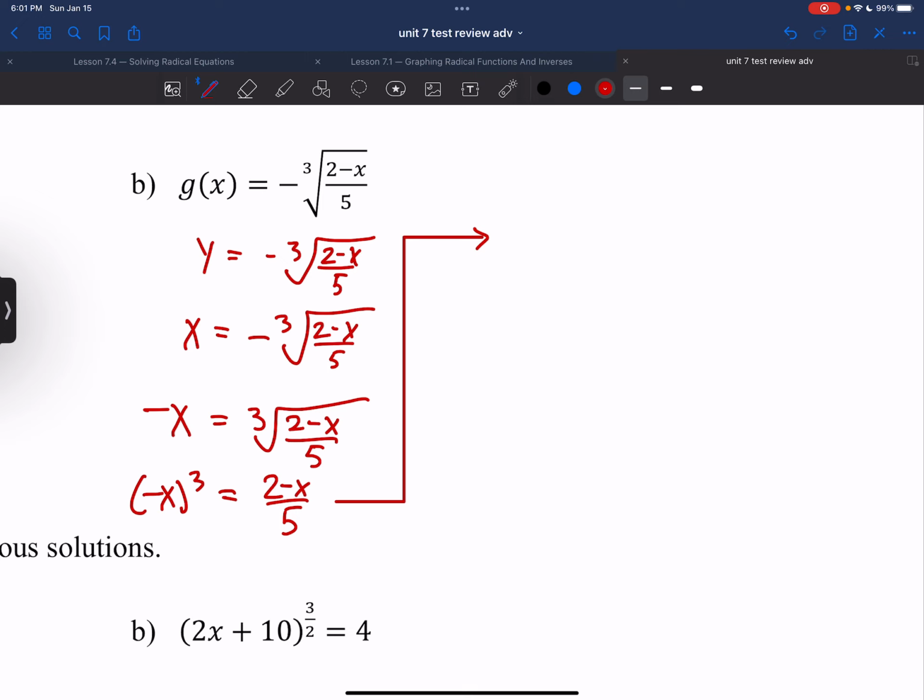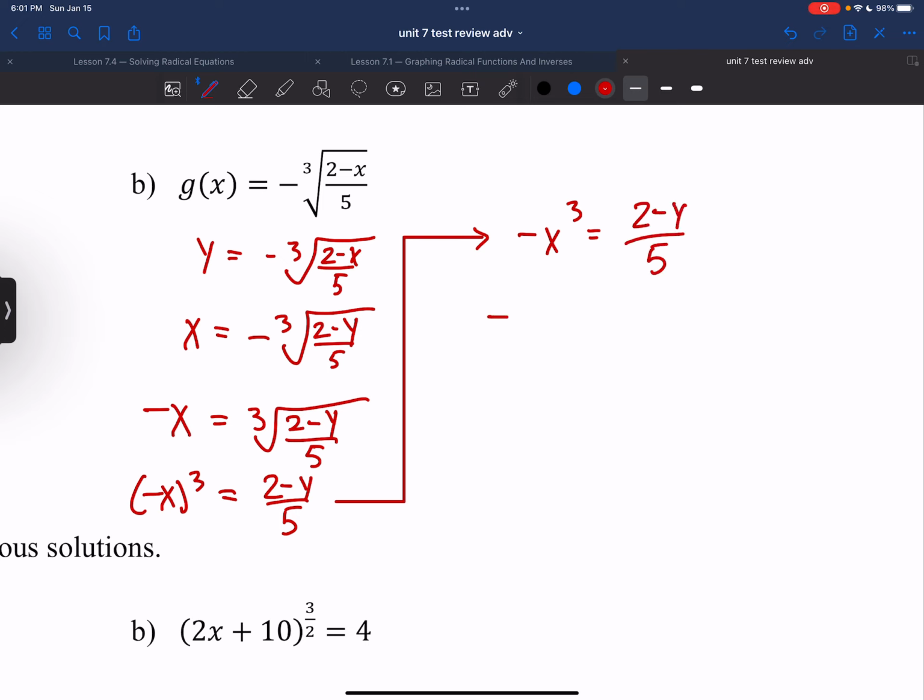If you cube negative x, that's negative x times itself three times, and 3 negatives is still negative. So this will become negative x cubed equals, oh, those are supposed to be y's now. Those are all y's, sorry. 2 minus y over 5.